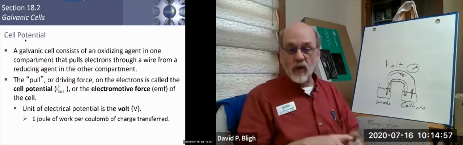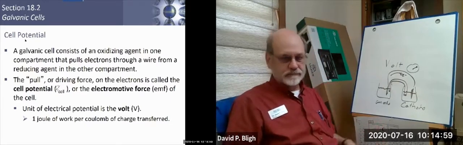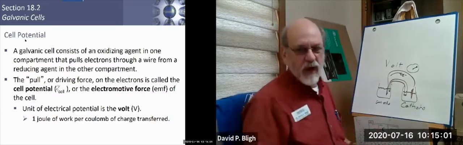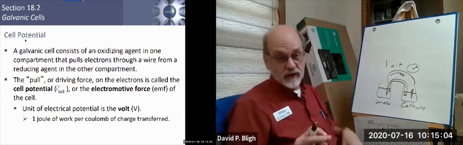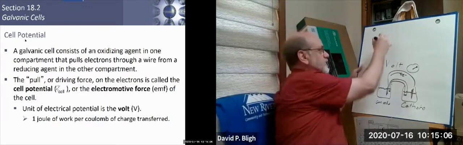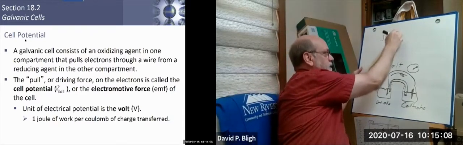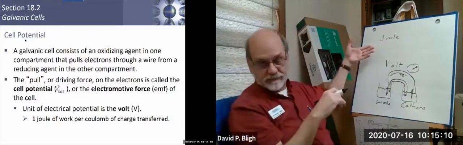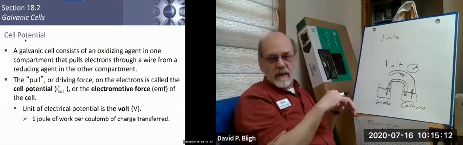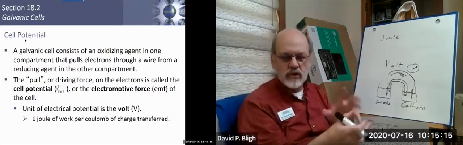Okay, so what does a volt mean? Well, we have to introduce some other units in order to do that. We already know what the joule is. Right? Joule is our unit of energy. But there's also a unit for charge.